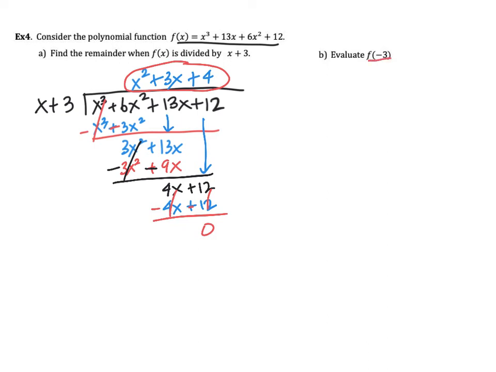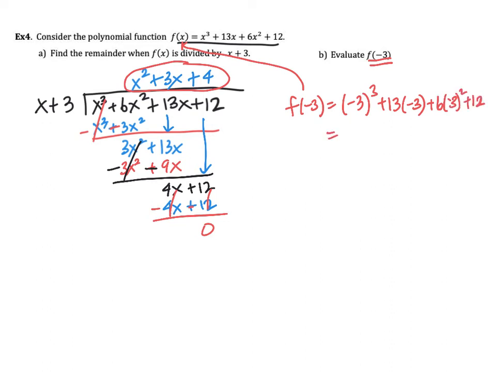So what happens with part B if we evaluate f of negative 3? So that means we're putting negative 3 into x, right? So that's a negative 3 cubed plus 13 times negative 3 plus 6 times negative 3 squared plus 12. So I'm going to get negative 27 minus 39 plus 54 plus 12, right?